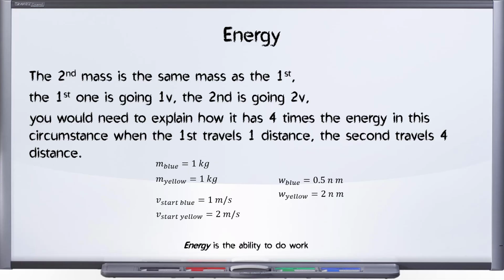It seems like there's a point of view, at least, where this 4 times distance was useful. If my job, my work, is to move the blocks, that's my whole job, and that's the work I'm trying to do, to move these blocks. You give it 1 meter per second, and it moves 1 meter distance. If I give it 2 meters per second, only twice as much speed, I got 4 times my work done, if that is my work.